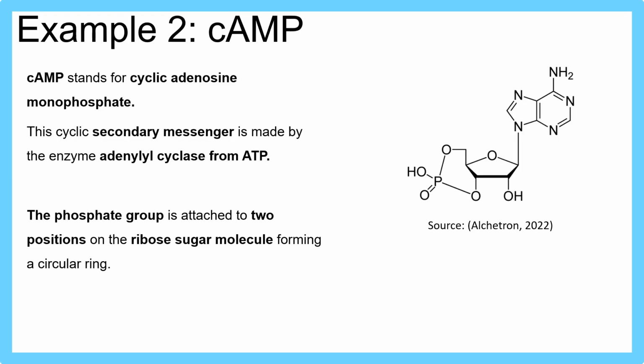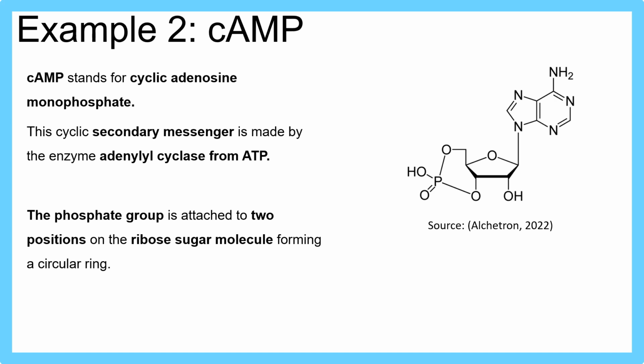So let's look at the second example, which is cAMP. cAMP stands for cyclic adenosine monophosphate. Now, it's a similar structure to adenosine monophosphate. So it has a ribose sugar, it has a nitrogenous base, and it also has a phosphate group.